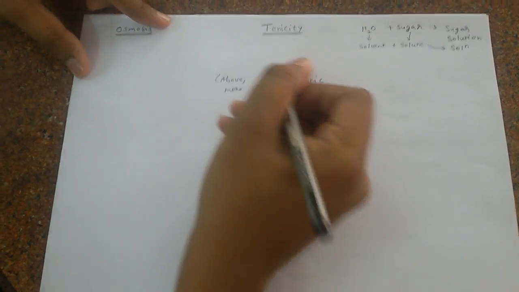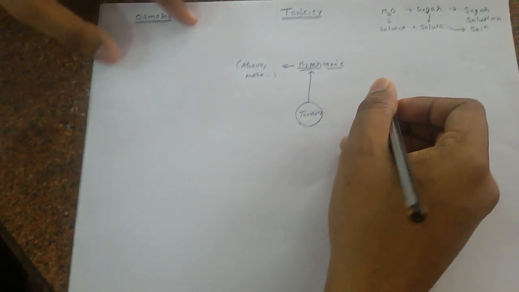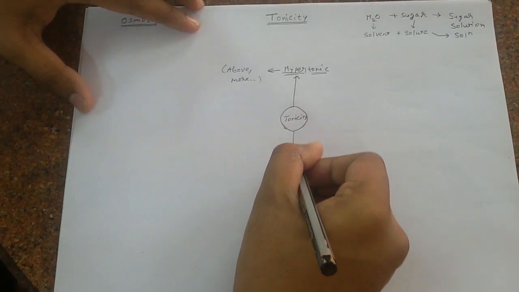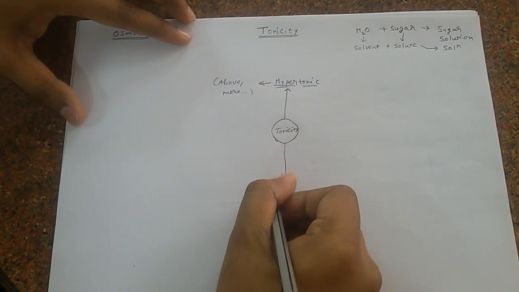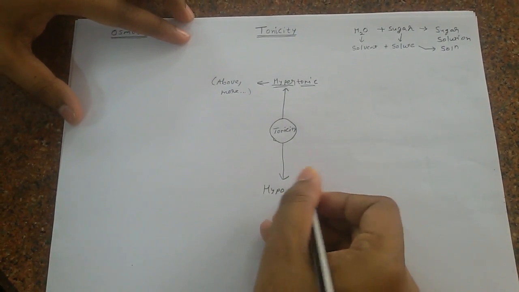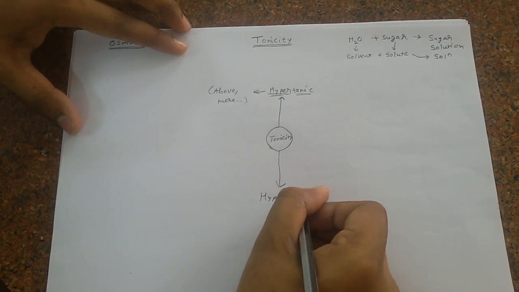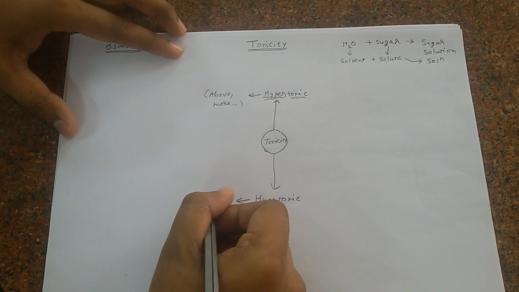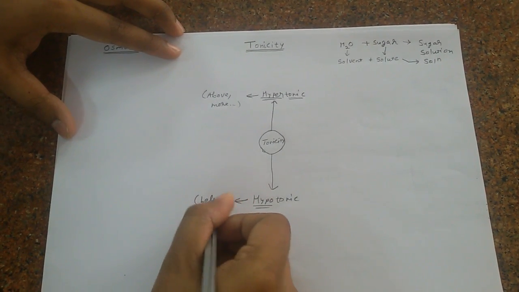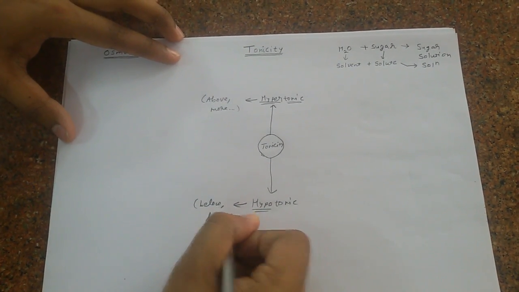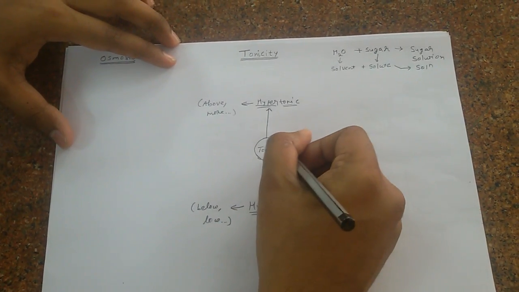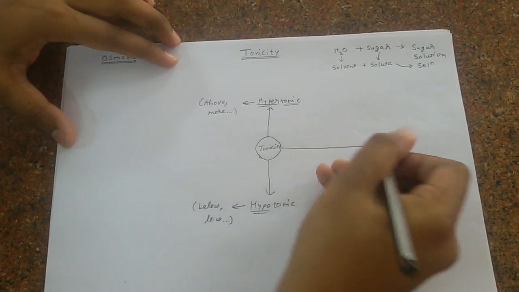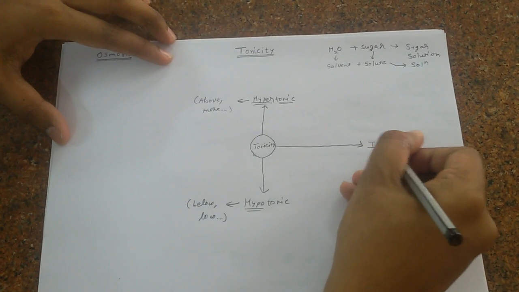You might have heard people saying he is so hyperactive. Opposite to that, you have hypotonic. Hypo means below or low. You'll understand it more. And there is one more type, that is isotonic.